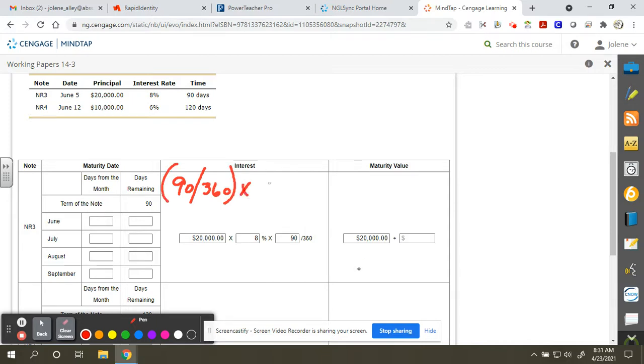And then I want you to times it by the $20,000, and then times it by the 8%. So do them separately. Do the 90 divided by the 360, then times the $20,000, then times the 8%, and you should come up with $400.